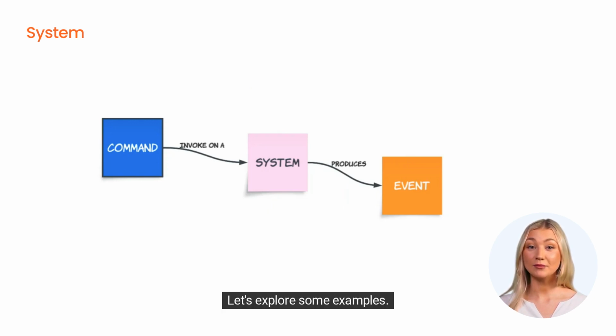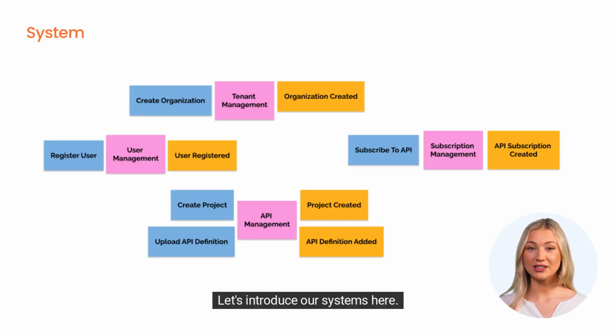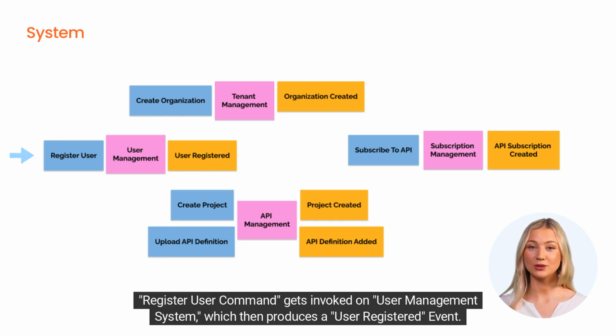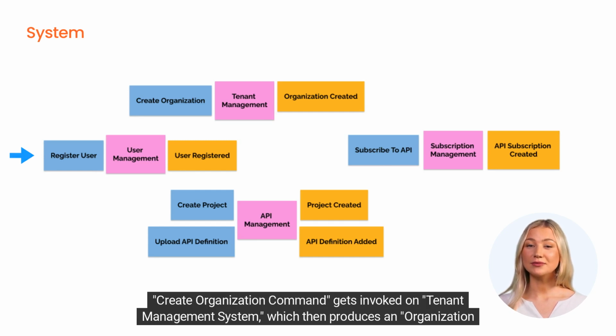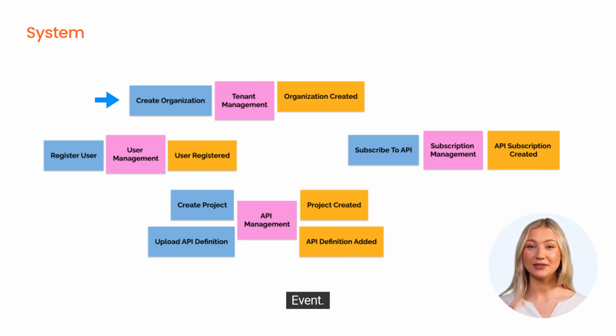Let's explore some examples. Let's introduce our systems here. The register user command gets invoked on the user management system, which then produces a user registered event. The create organization command gets invoked on the tenant management system, which then produces an organization created event.